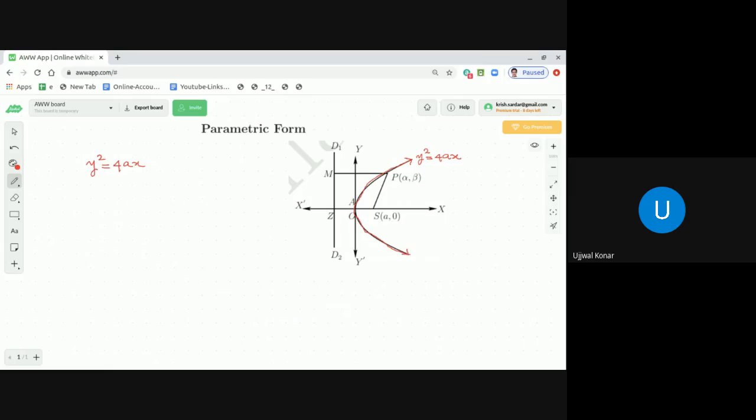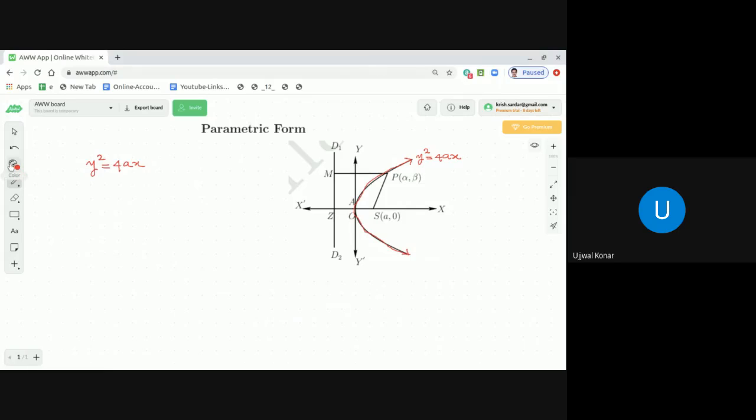But before understanding that, when we say y square equal to 4ax, there are two unknowns here, dear students. What are the two unknowns? One is x, one is y. 4a is the length of the latus rectum, that is constant. So there are two unknowns. Now can you reduce these two unknowns to one unknown? Parametric form is going to help us.